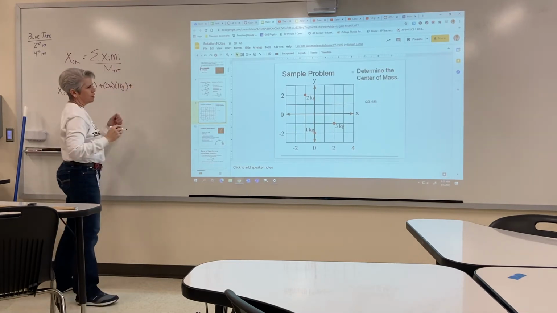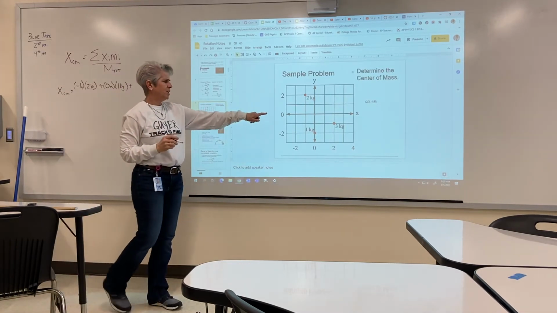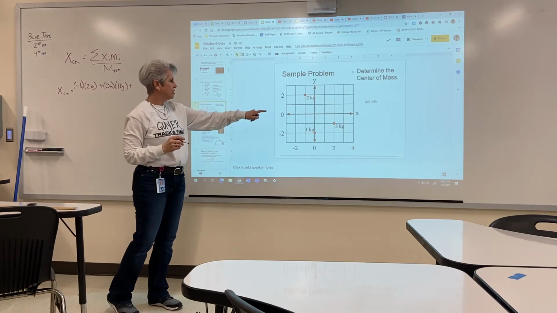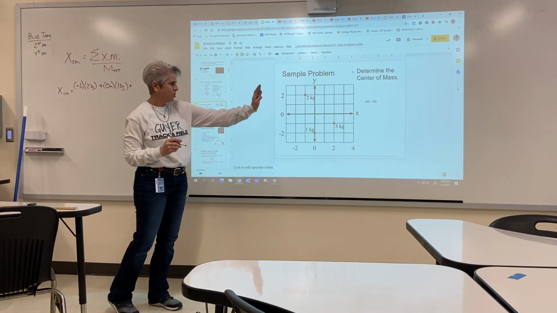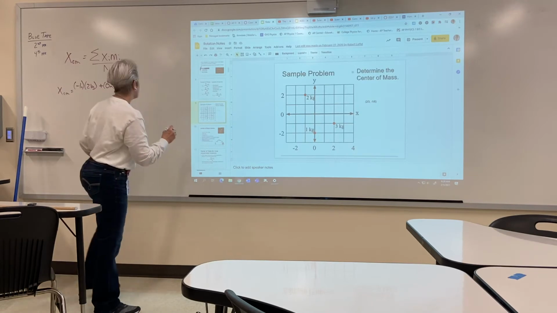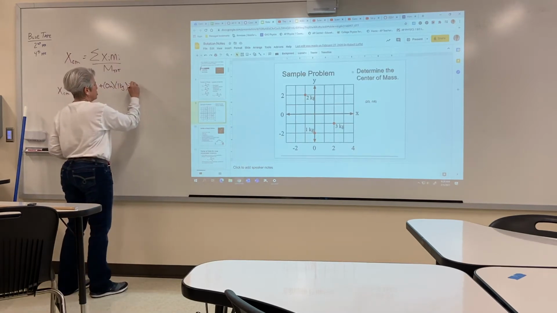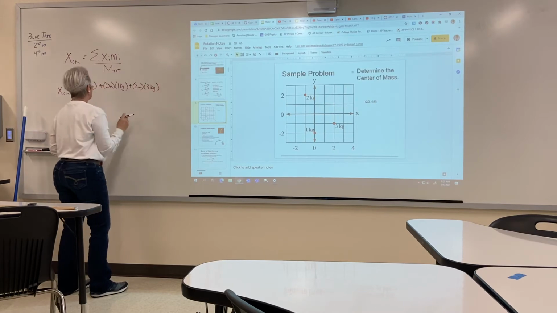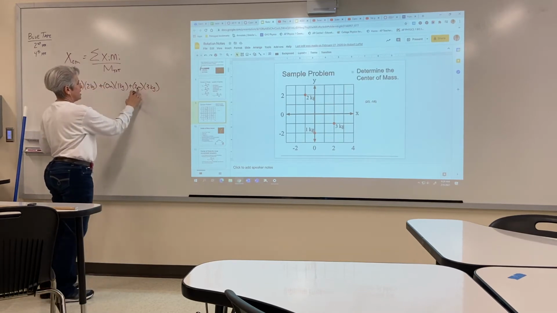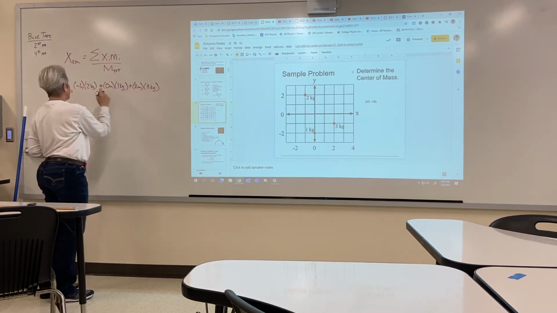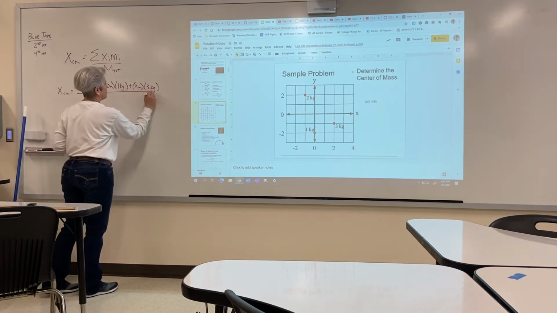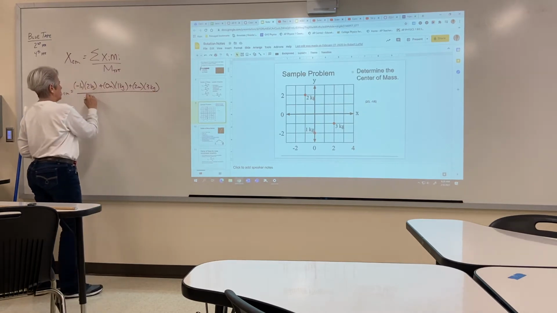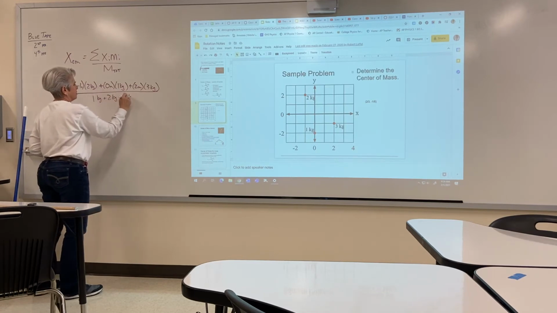And then the 3 kilogram circle is located at an X coordinate of 2. So it's going to be, say these are meters, 2 meters times 3 kilograms. So we've got each individual mass and its location from an X perspective. Now we want to divide this by the total mass. So this is going to be 1 kilogram plus 2 kilograms plus 3 kilograms.